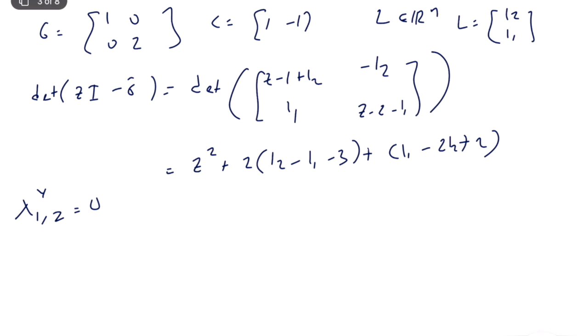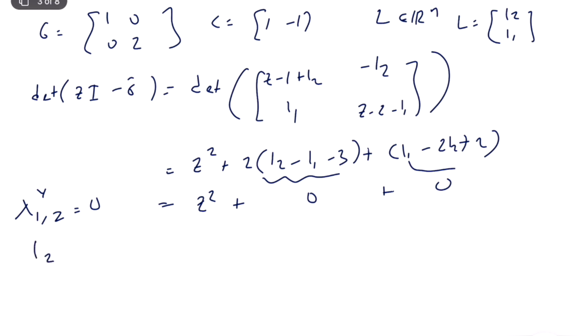Under this requirement, my desired polynomial will become z squared plus 0 plus 0, which means that I want to equate both coefficients to 0. And as you can see, both L1 and L2 come in a linear term. It's one of the most powerful and beautiful parts of state feedback and linear observer design, because the parameters in these characteristic equations come in linear terms, which I can solve very quickly.